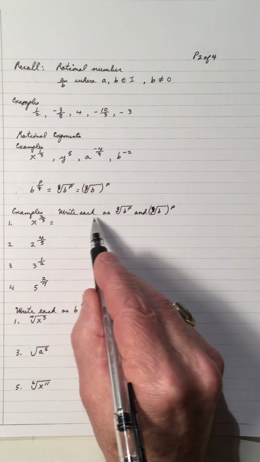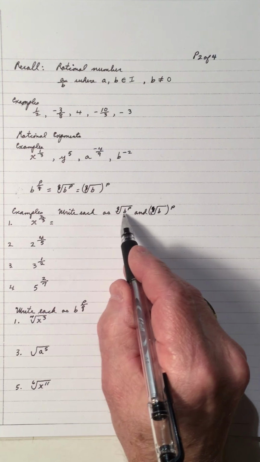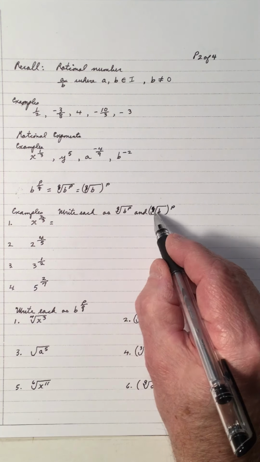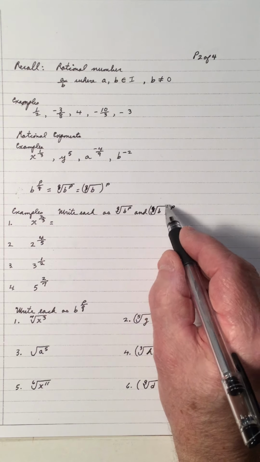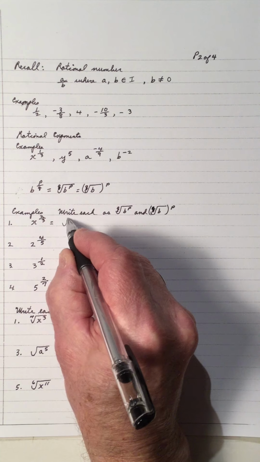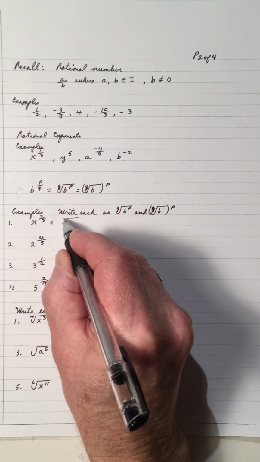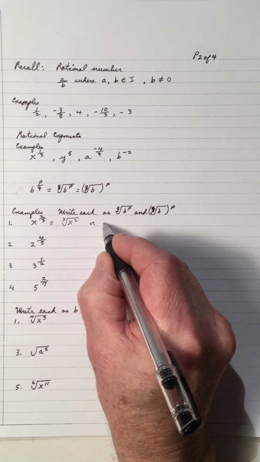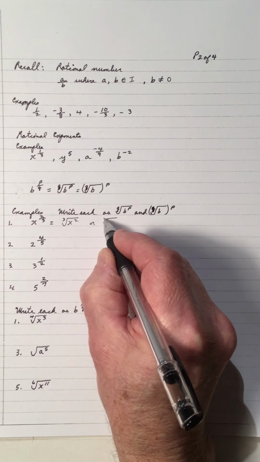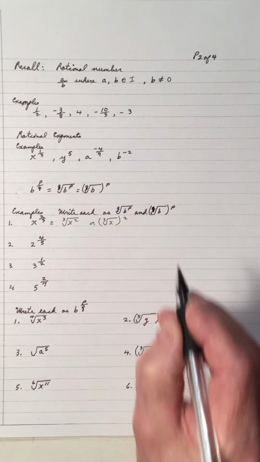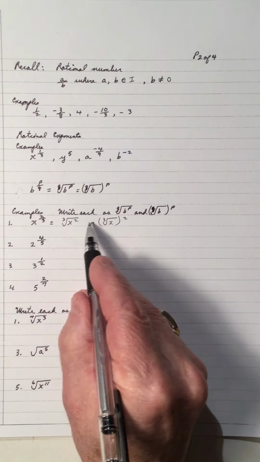So let's write each of these down here as the q root of b to the power p, or the q root of b all to the p power. So this is, the root is the 3, and that's x squared. Or we could have the cube root of x raised to the power of 2. So either or will do it.